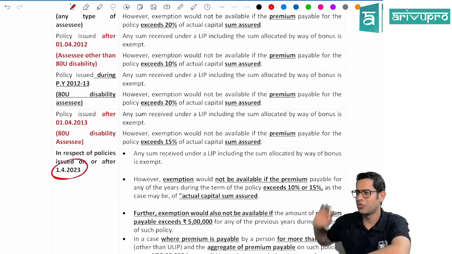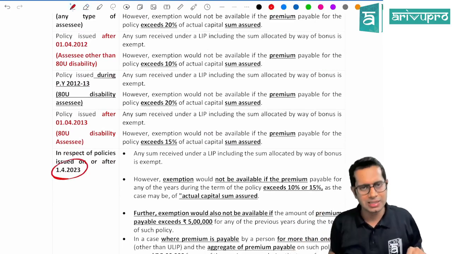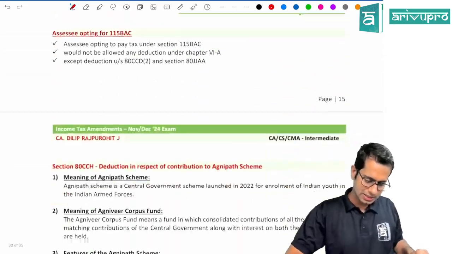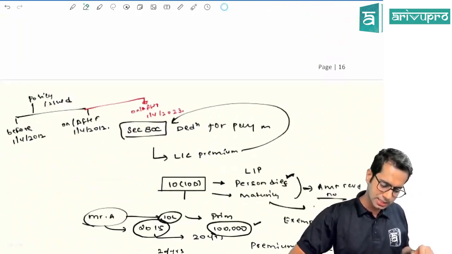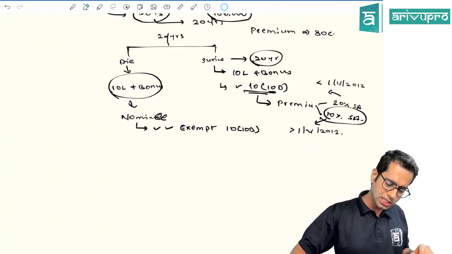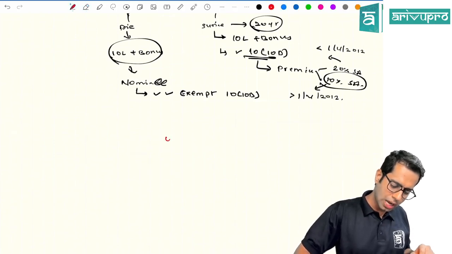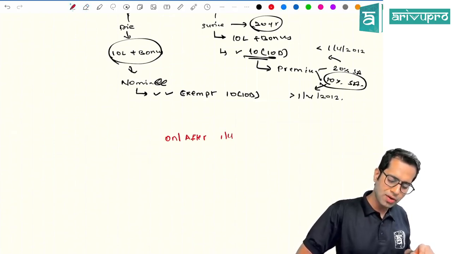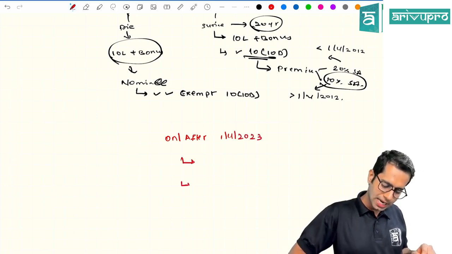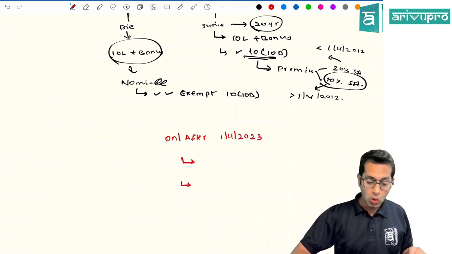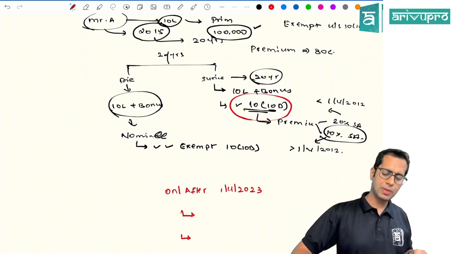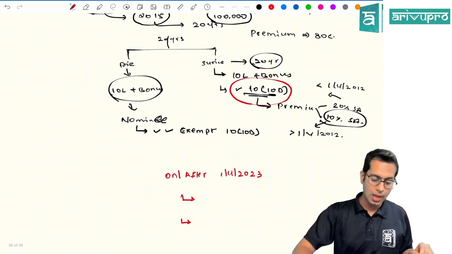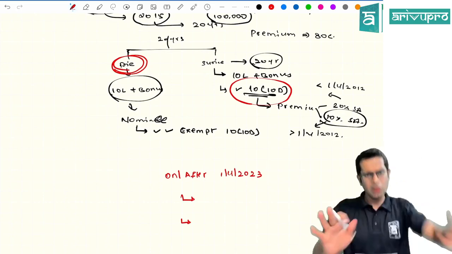What are they telling for this extra item? If the policy is issued on or after 1/4/2023, then if you satisfy two conditions, only then the amount received on maturity will be exempt. Please note, the amount received upon death is always exempt.